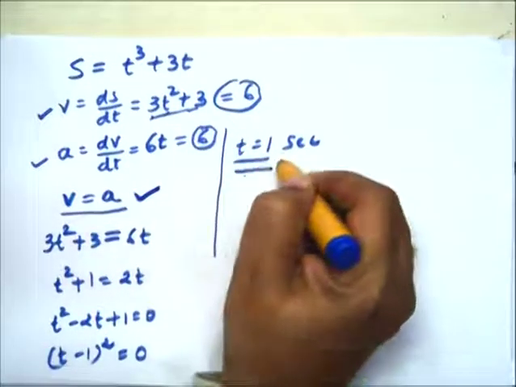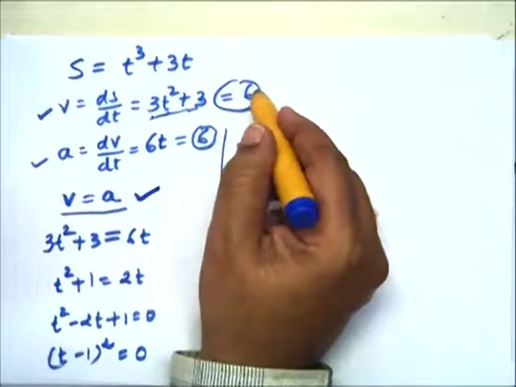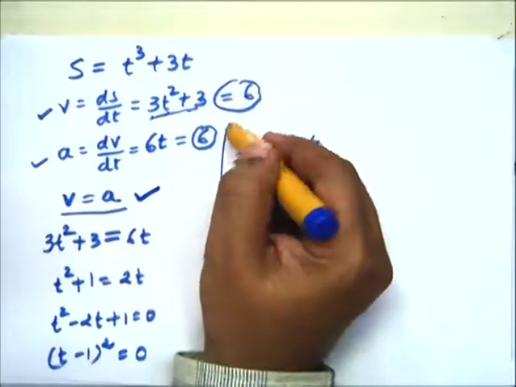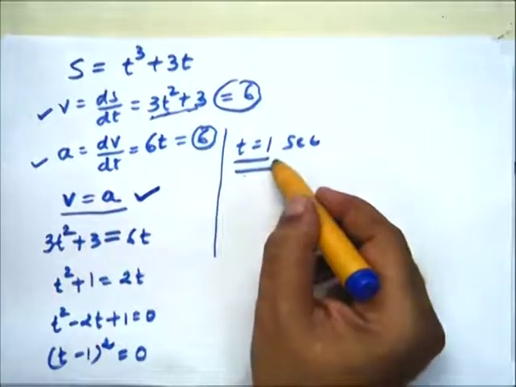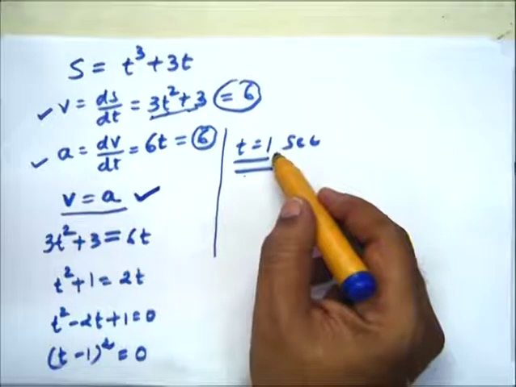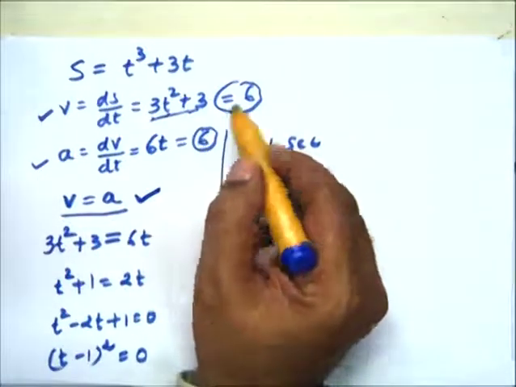There is no need to verify it, just for the sake of verification we have done it. We can verify that our answer is correct. At t is equal to 1, we are getting velocity 6 and acceleration 6.